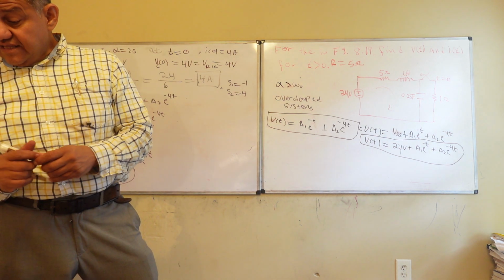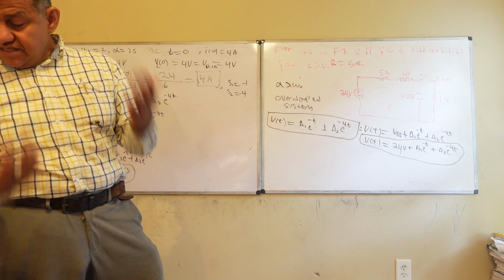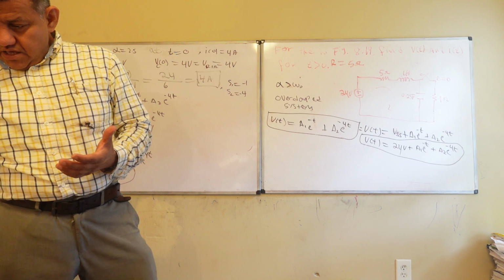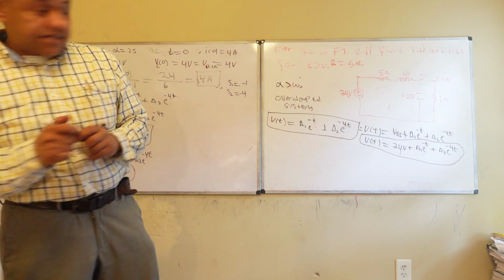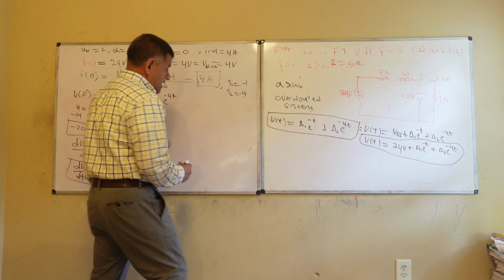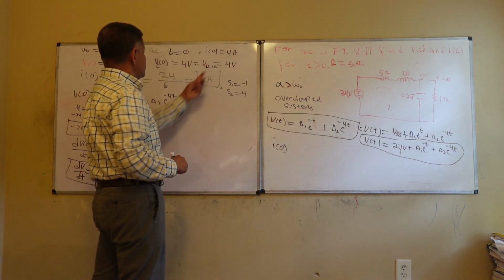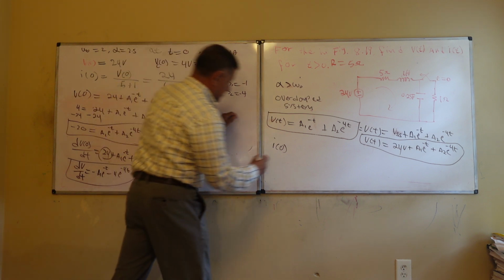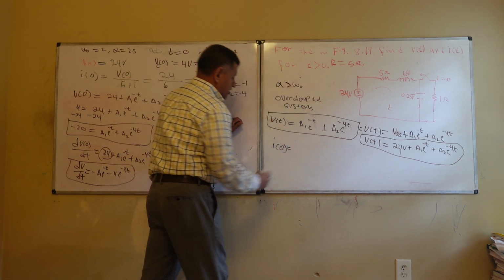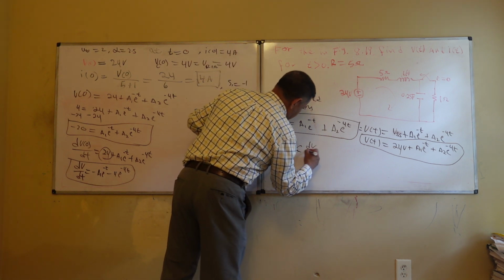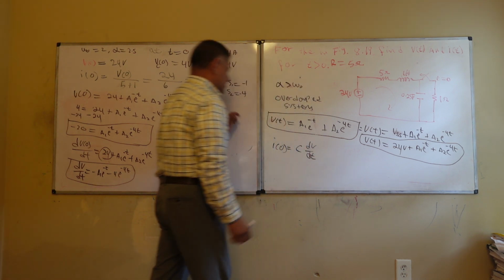What we can do is say that dv dt at 0, when the current I of 0, which we know is 4 amps, is equal to C dV over dt.